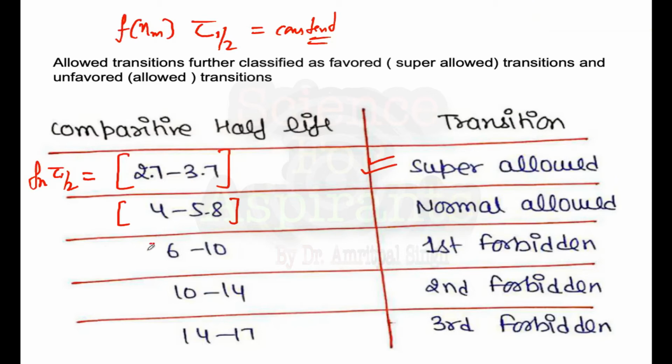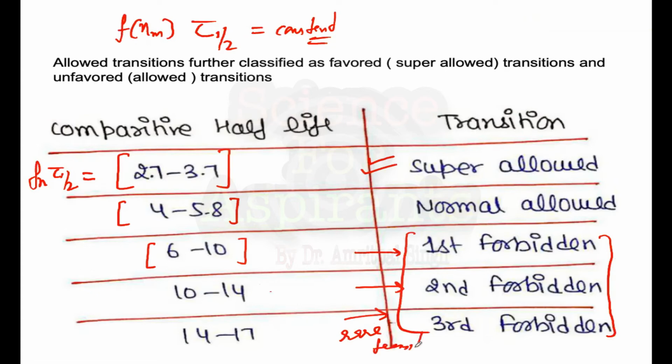Similarly, if the comparative half-life is between 6 to 10, those transitions are known as first order, and for this case it is second order. Forbidden transitions are very rare. They happen in certain situations, but they are very rare transitions.